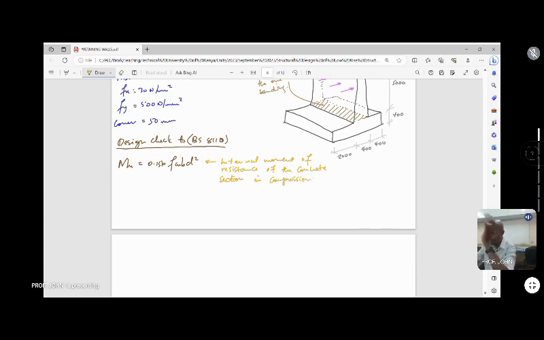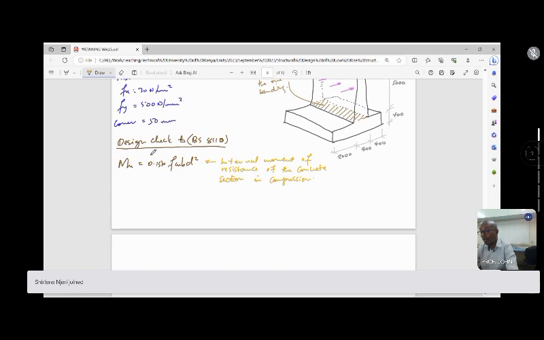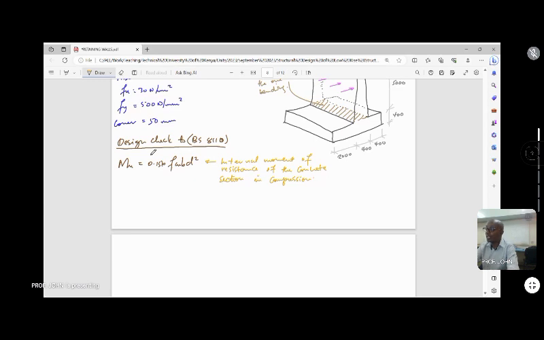If you can remember your reinforced concrete design, for the cross section to be adequately designed against bending, you have to satisfy two conditions. The concrete in compression has to be able to resist the applied moment, MA, and the reinforcement steel provided for tension in that section also has to be able to generate a bigger moment than the applied moment. So two conditions. If you can remember your reinforced concrete.